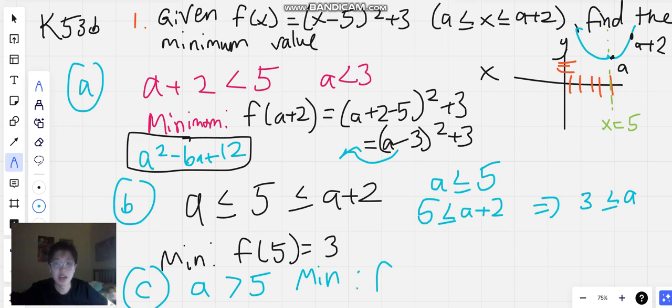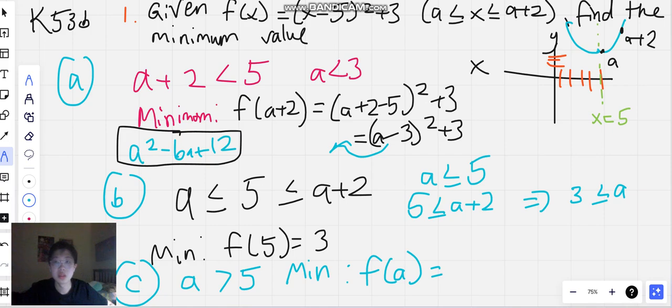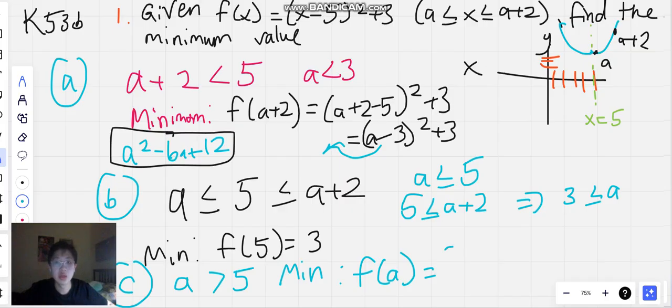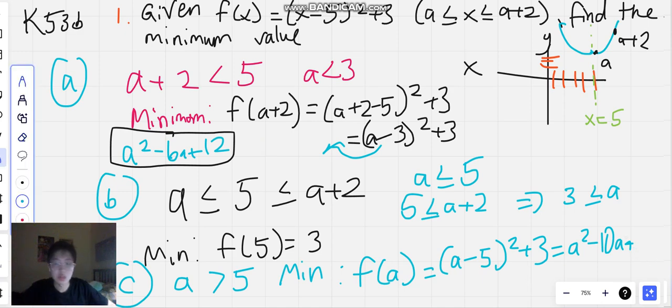So it's going to be at f of a, and then if we plug that into our original expression, that'll be equal to a minus 5 squared plus 3. If you wanted to simplify it, that'd be a squared minus 10a plus 25 plus 3, and then 25 plus 3 is equal to 28.